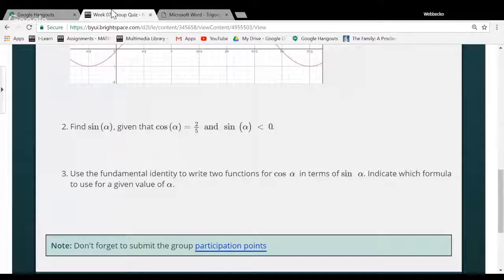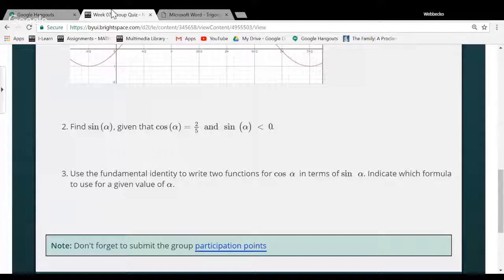I don't know what they're wanting us to do because I have, for a given value of A, cosine squared of A equals 1 minus sine squared of A. And that's for a given value of A. And to get which formula to use for a given value of A. Just the normal formula. So it's kind of like doing f of g of x. And we have to first do g of x with one of these.